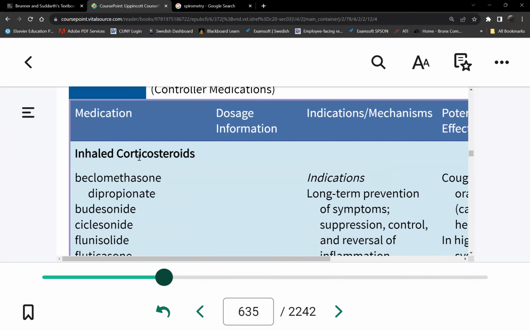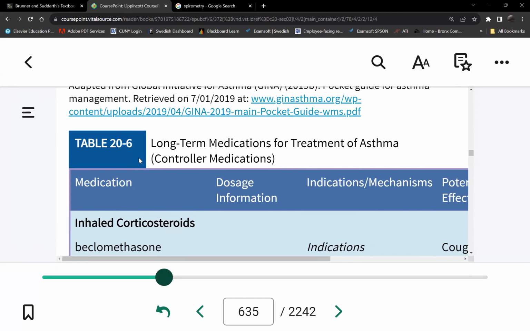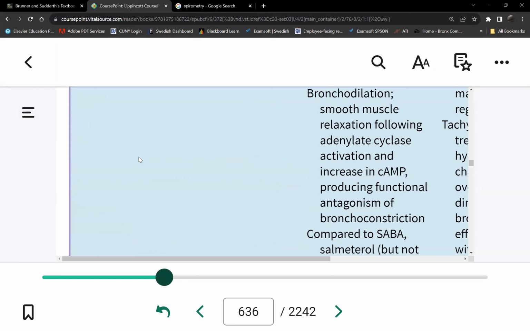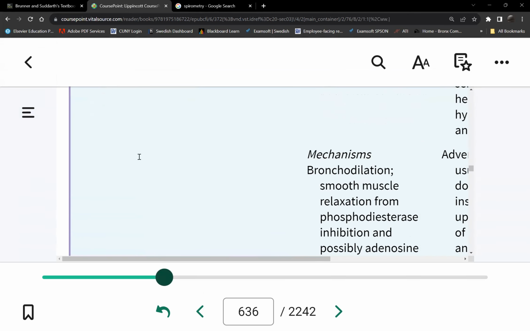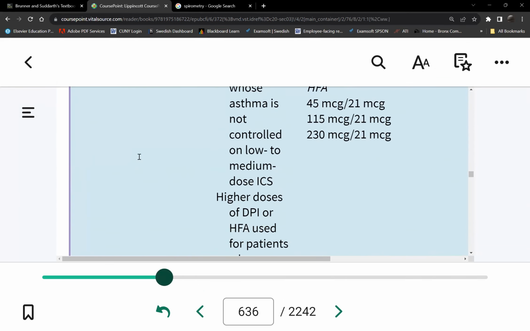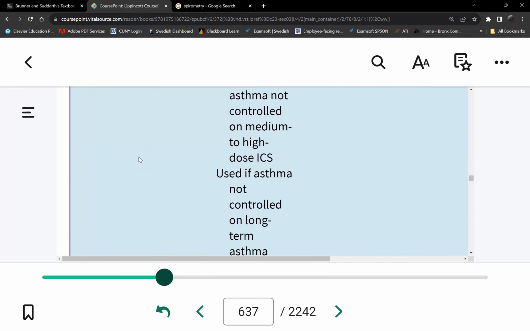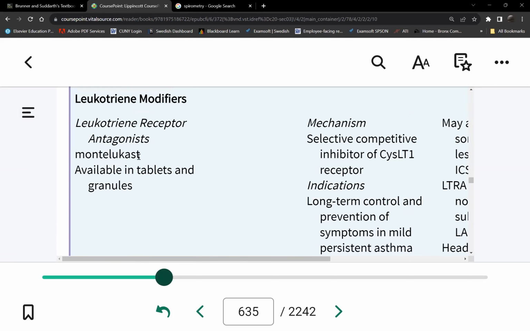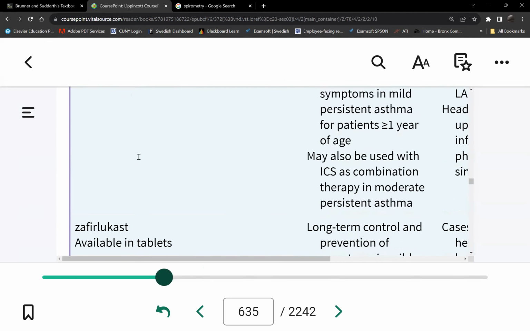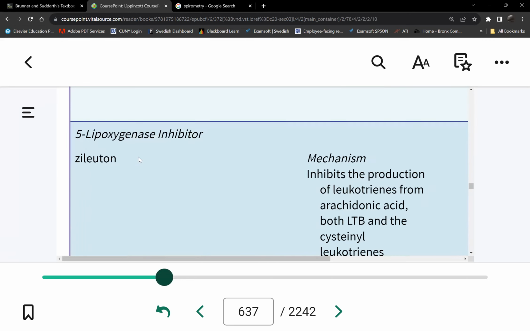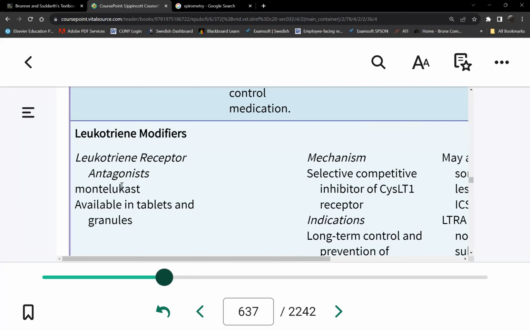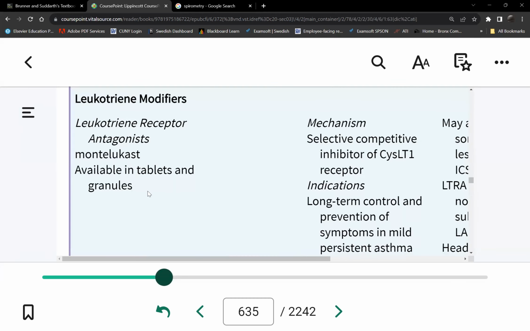For the long-term ones, all except the last. The last one is Montelukast. Right after Montelukast, you can disregard the others. They're not really very common. So I'll test up to the leukotriene inhibitor or antagonist.